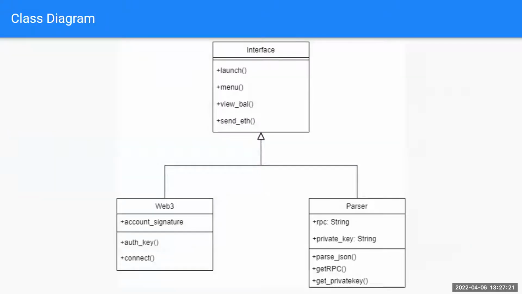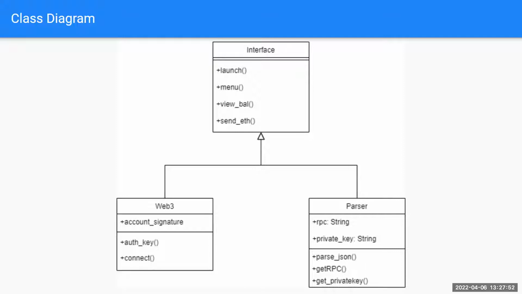The class diagram for this model is made up of three components. It's the interface, which is what interacts with the user. It allows the user to give input, and it has the main functions of viewing Ethereum balance and sending Ethereum.